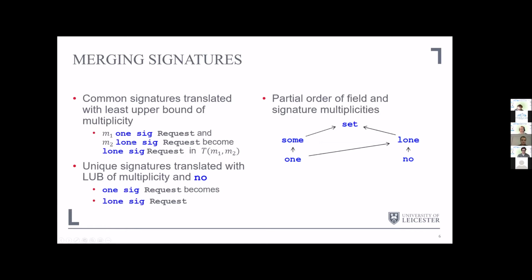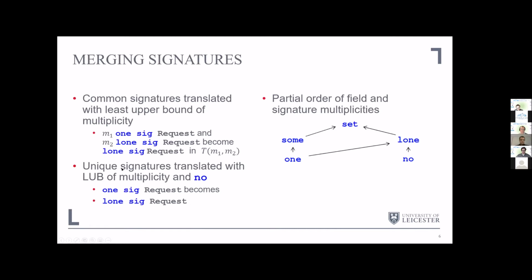Here we look only at the multiplicities, which in Alloy for fields and signatures can be the ones here on the right. In this example, if we would have in model 1 a singleton signature and in model 2 lone, which is 0 or 1, then the least upper bound of this would be lone. And then the merged model would have the least upper bound lone for the signature with the name request.